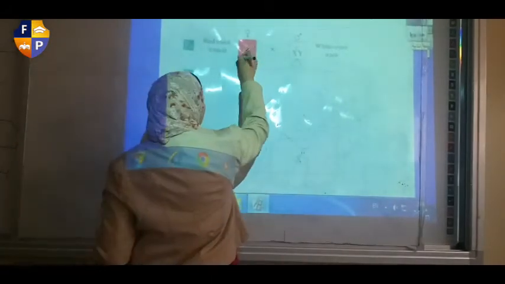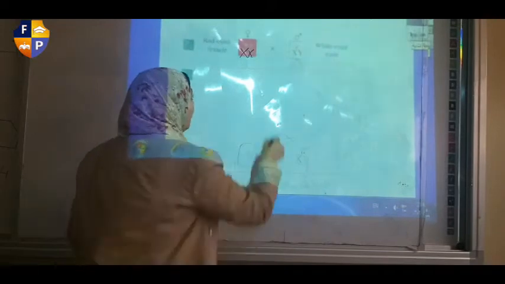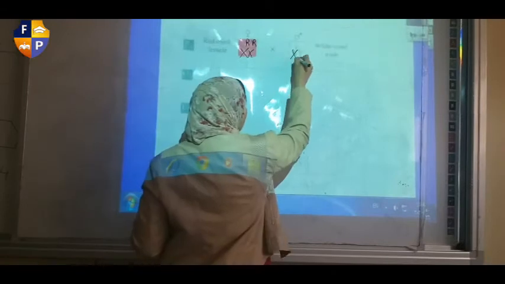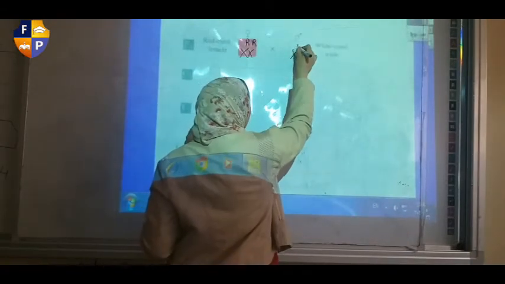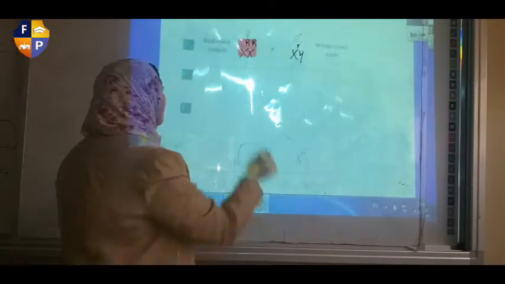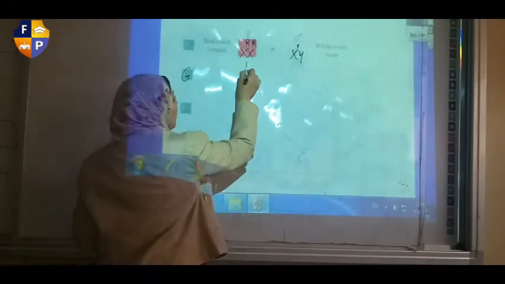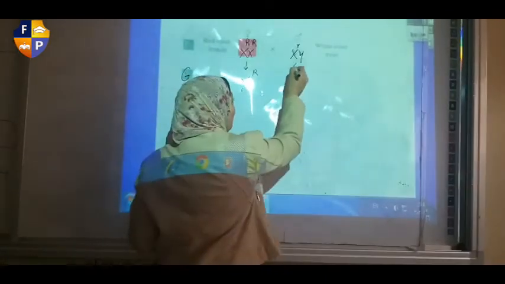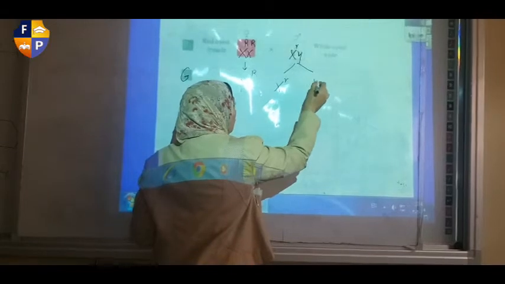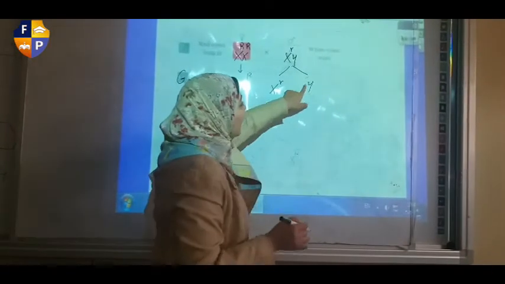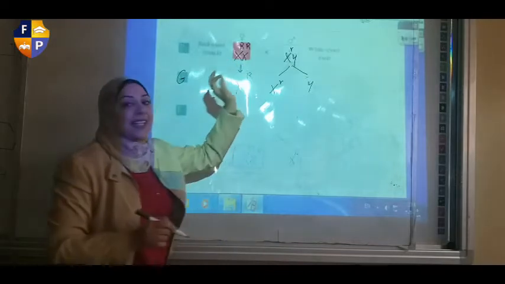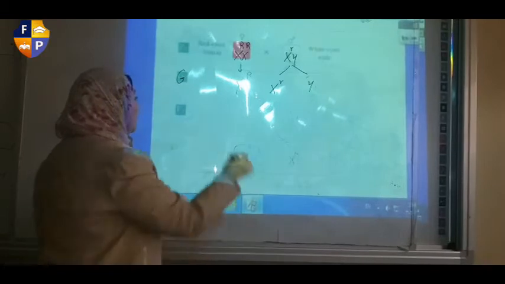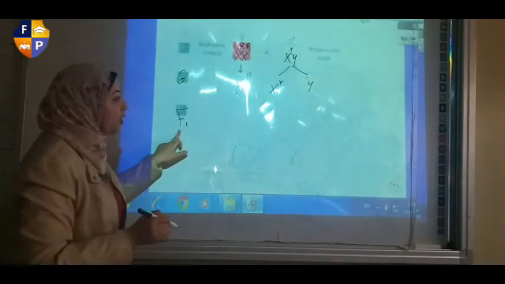We have a female with XX chromosomes, which carries pure red eye, and a male with XY chromosomes with white eye. The first step is the formation of gametes. The female gametes are XR, and the male may produce Xr or Y. Y doesn't carry any trait because sex-linked traits are present only on the X chromosome. The next step is the formation of the first generation.